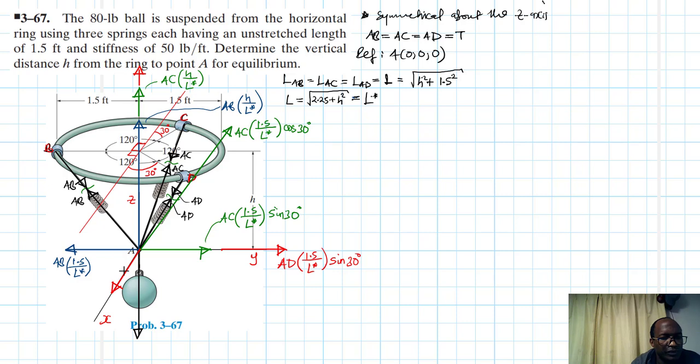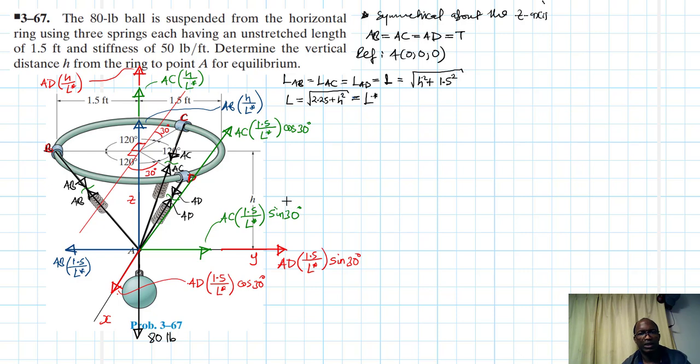Then this one is AD by 1.5 divided by L star, and mapping it is just a cos 30. Then this one is AD by H divided by L star. And finally, we have the weight of our ball, which is just 80 pounds.